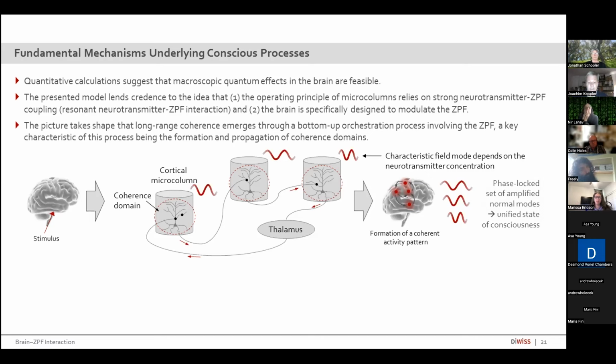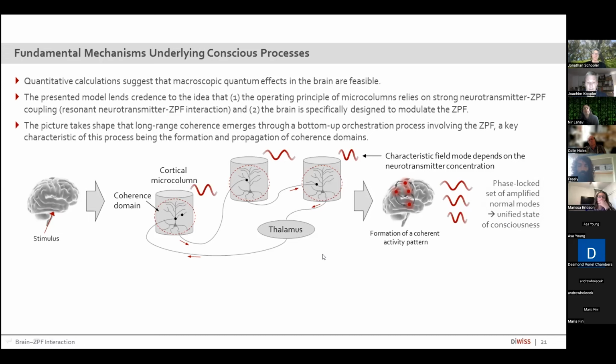It gives rise in the brain to the ignition of selected microcolumns. Each of these microcolumns forms a coherence domain. Each of the coherence domains is associated with a characteristic field mode of the zero-point field. And this, by the way, depends on the local neurotransmitter concentration.